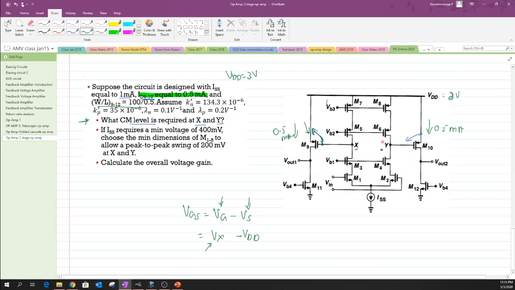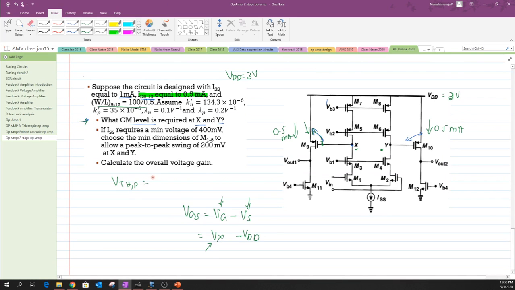Okay. And there is one more piece of data that is missing, that is the threshold voltage. I am not pretty sure about this value.